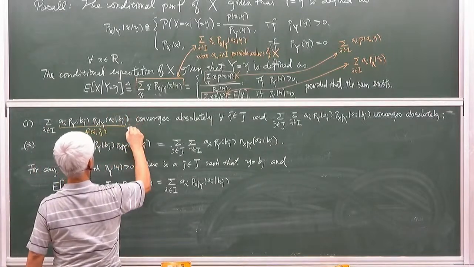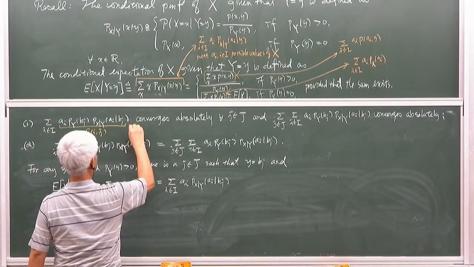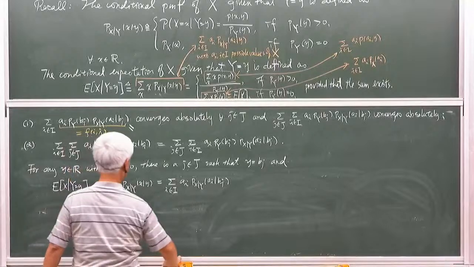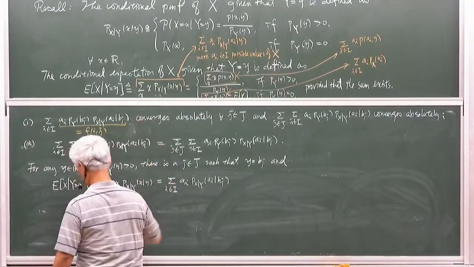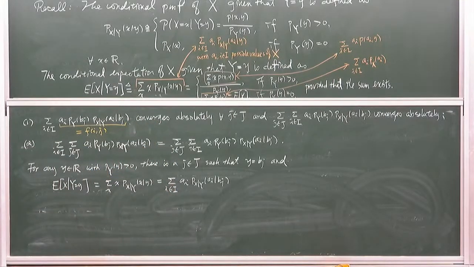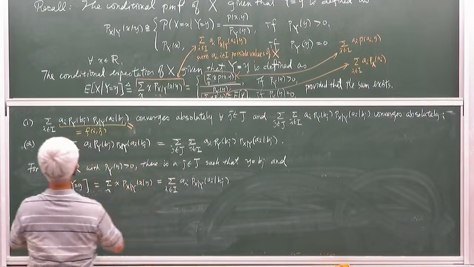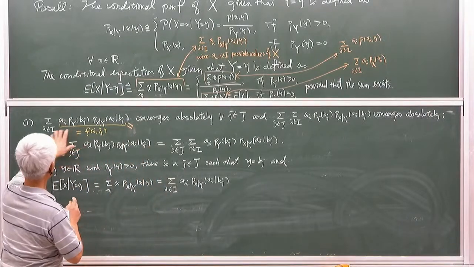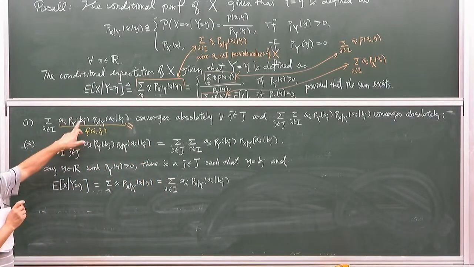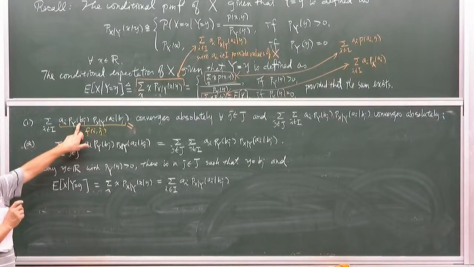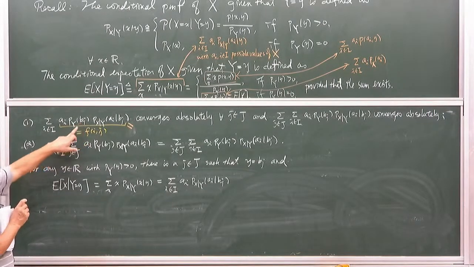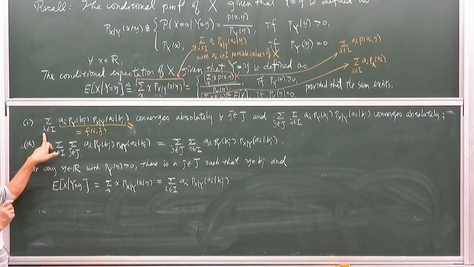Look here, this factor, the marginal PMF of Y at b_j, is independent of the index i.